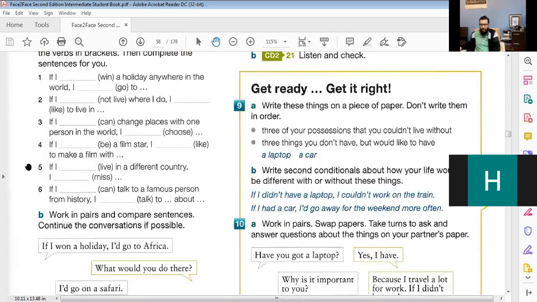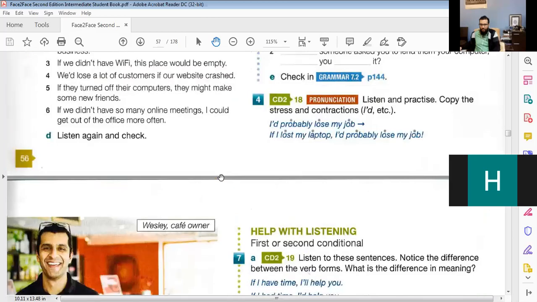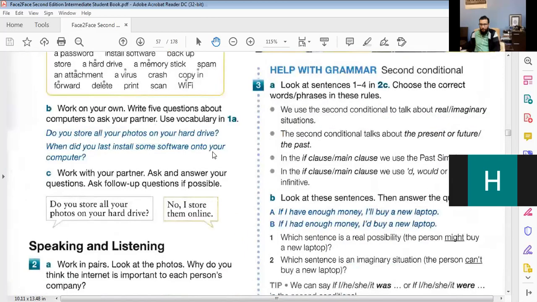I think we also talked about the rules here of using the second conditional. We agreed that the second conditional is used for imaginary situations, unlike the first conditional, because the first conditional talks more about realistic situations, but the second conditional talks about imaginary situations.